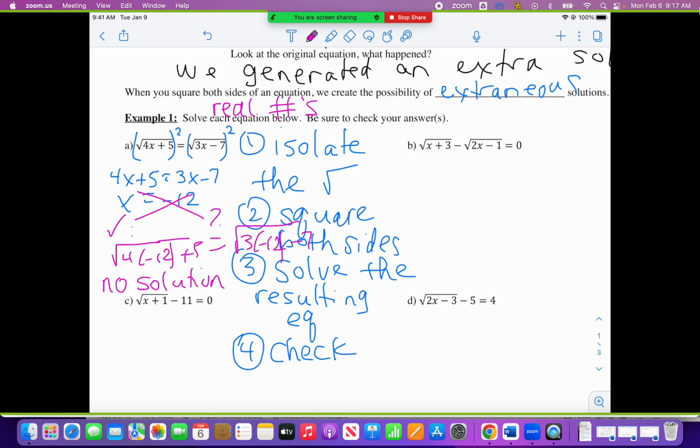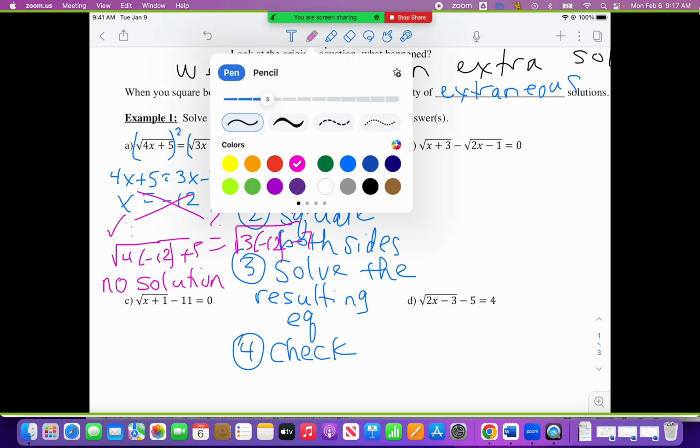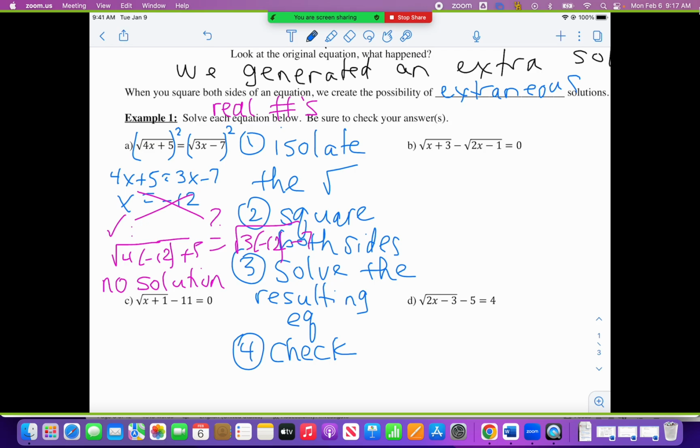Matthew, what do you think? You add square root 2x minus 1 to the other side. You got it. And so when I say step 1 is isolate the square root, that means you get 1 on each side, okay?